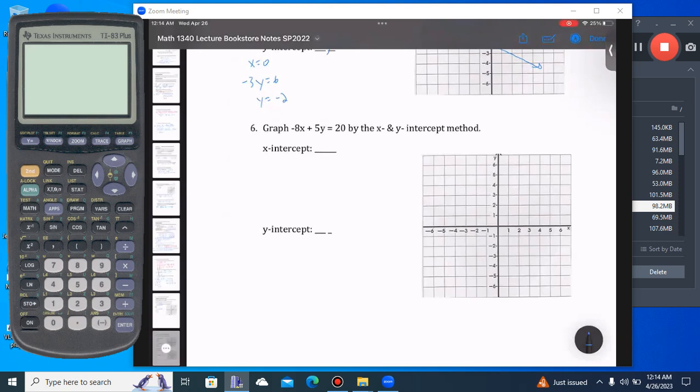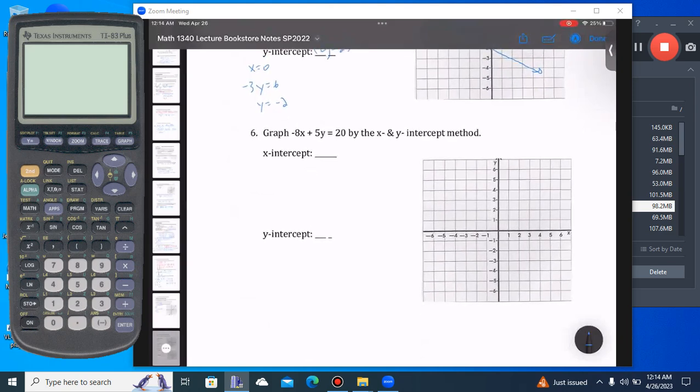It can still work if the constant isn't divisible by both numbers. You just have to be able to plot a fraction. So here again, to find the x-intercept, we let y equal 0. We end up with -8x equals 20.